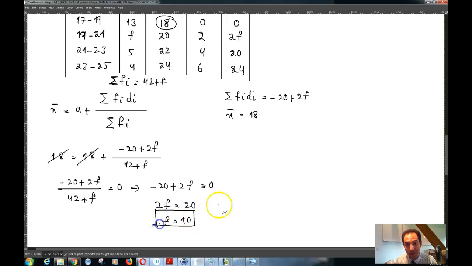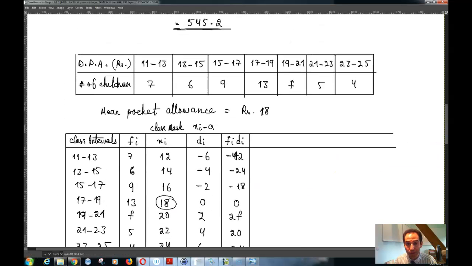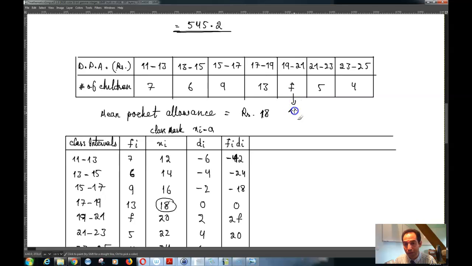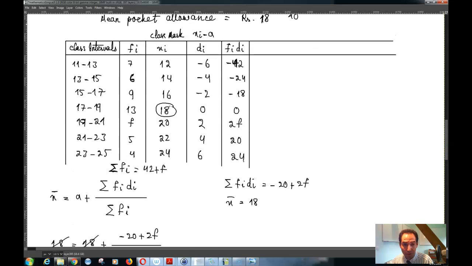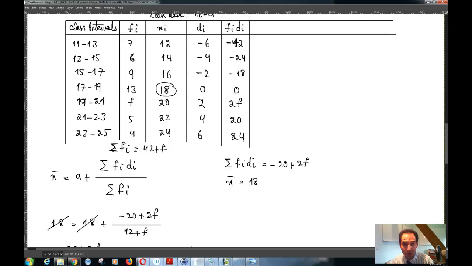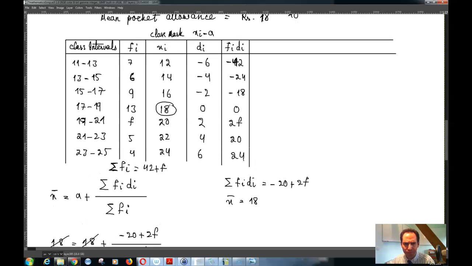That's the frequency of this class involved here. This is equal to 10. I might have made a mistake somewhere, I don't know where. Let's see. I might have made a mistake in these calculations.